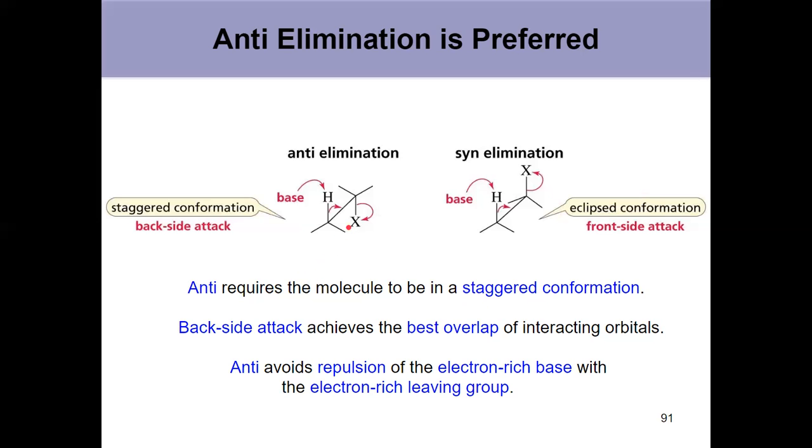Now, we know from our Newman projections that this more stable conformation here is more stable to begin with. It also here is extra stable, keeping in mind the fact that a leaving group is electron rich, thinking about our halides, for example, and your base is electron rich. So those are going to repel one another because of the like charges.